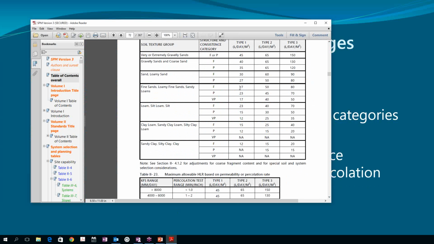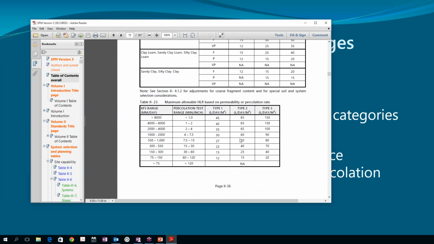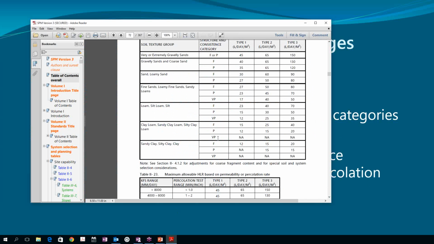If the loading rate was, say, 27 here, and then down here it was, say, 30, which one do we choose, 30 or 27? Well, we choose the one that creates the bigger drain field, which would be a smaller hydraulic loading rate. So in that example, we would have chosen 27, if I didn't mix up my analogies here.